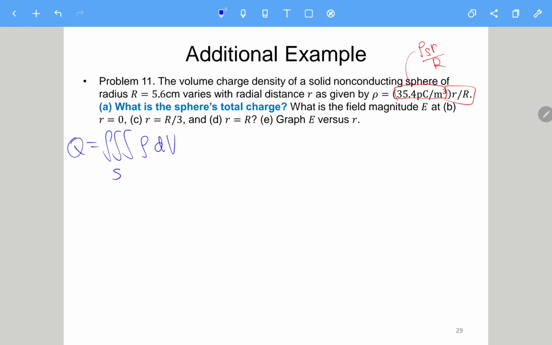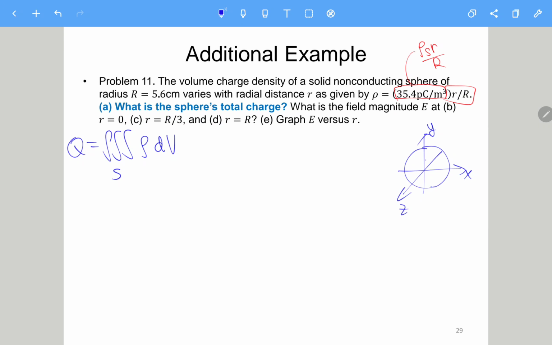Of course, this is a sphere. You can choose different coordinate systems, like for example a Cartesian coordinate will have x, y, z axes. But if you really use the Cartesian coordinate, it will be difficult to calculate.